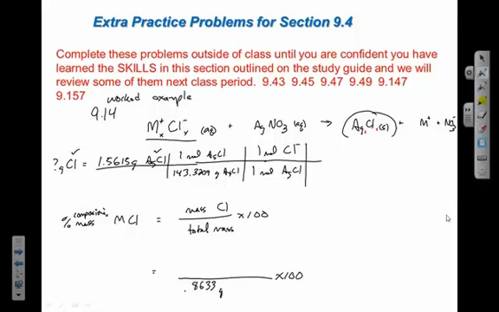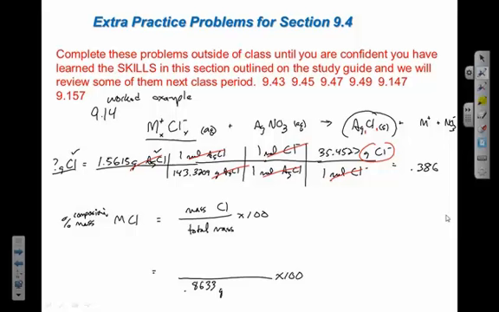And then I want grams, so I'll take that 1 mole of Cl ions and convert it to grams, which is 35.4527 grams of Cl. So that's going to cancel here, here, here. Got the unit I want. So I plug that all into my calculator and I get 0.386.